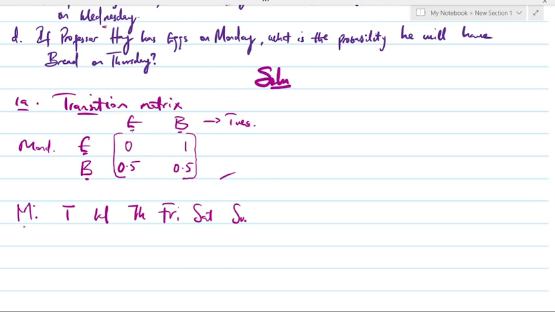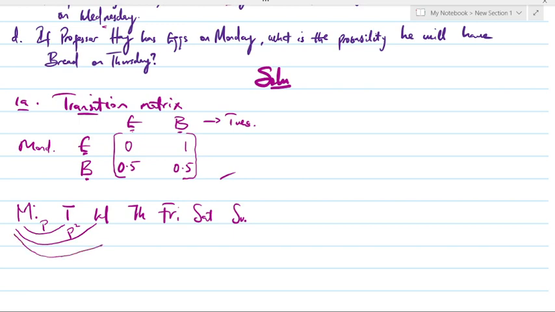From Monday to Tuesday, that is over step 1, that is P. From Monday to Wednesday, that is over 2 steps, that is P squared, because we are jumping over Tuesday.